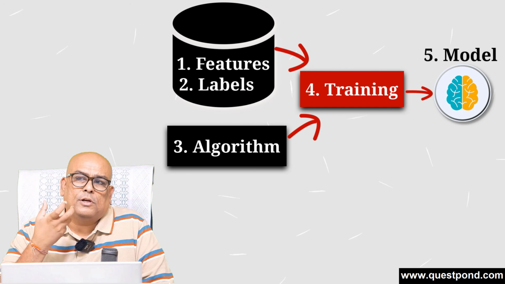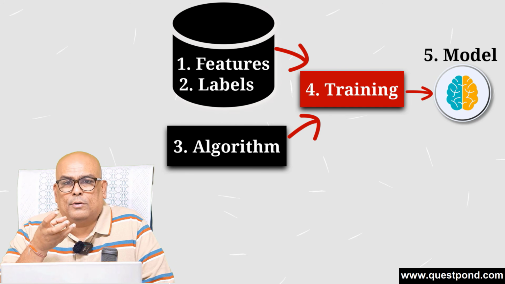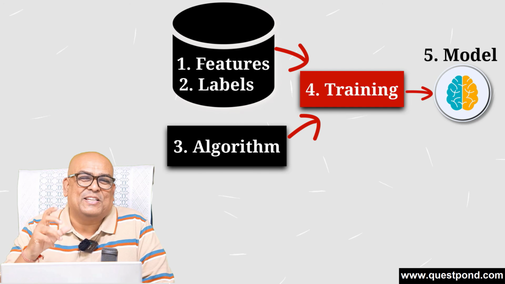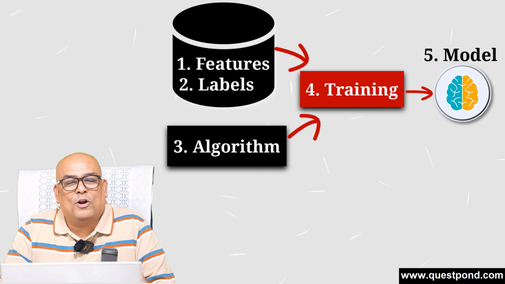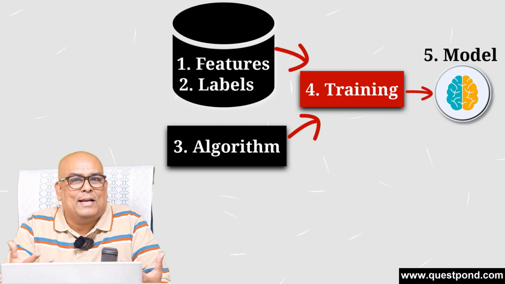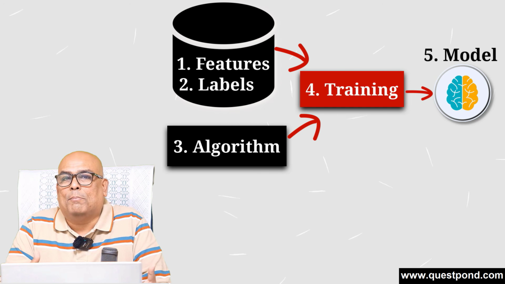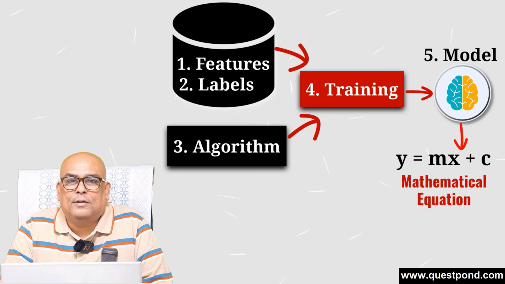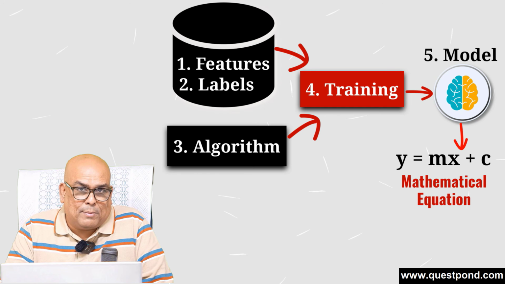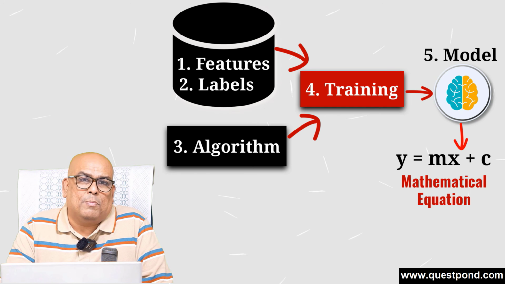Now you will ask, sir, this model you are talking about, is it the human flesh of a brain or what exactly? It is not. Deep inside, this model is a mathematical equation. I again repeat, the model you get from this training is nothing but a mathematical equation, and we will see a simple example of it.